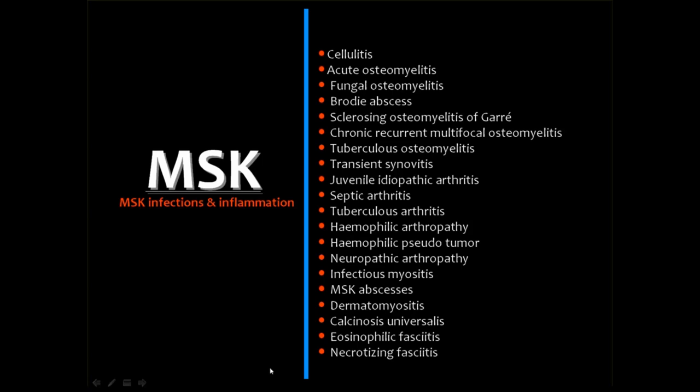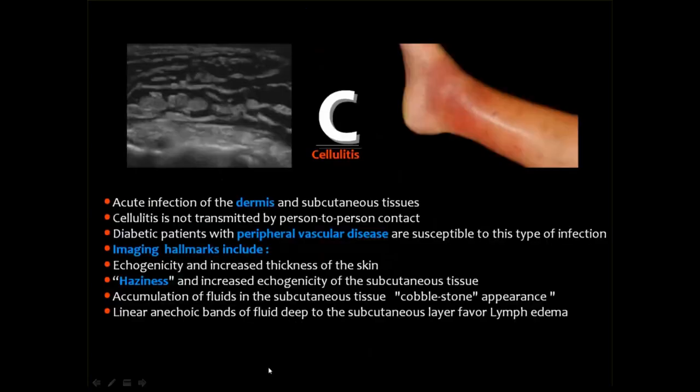We'll start with the inflammation of the skin, known as cellulitis, which is an acute infection of the dermis and the subcutaneous tissues. This is not an infectious disease that can be transmitted from one person to another.